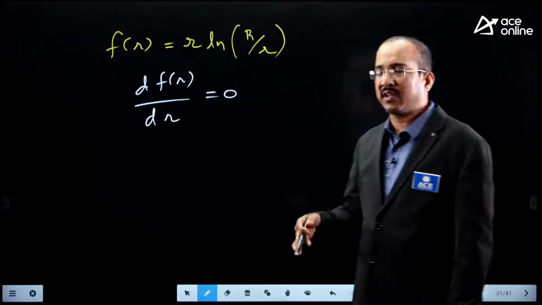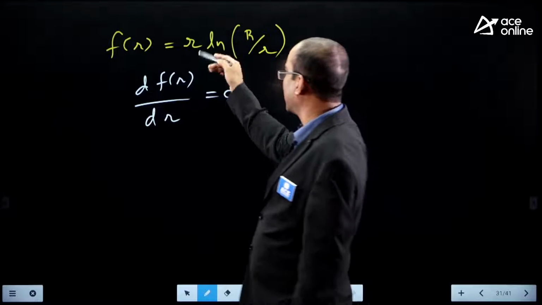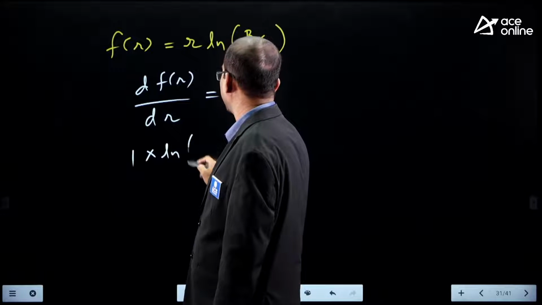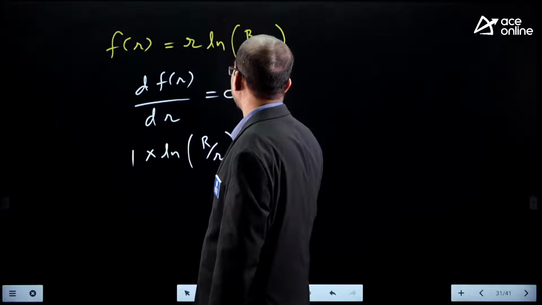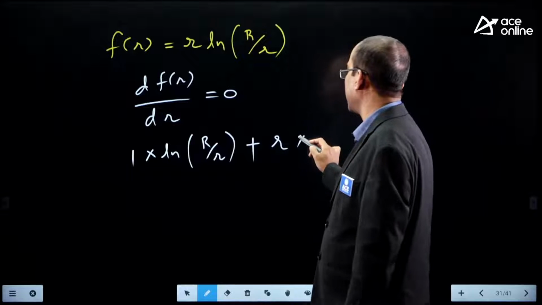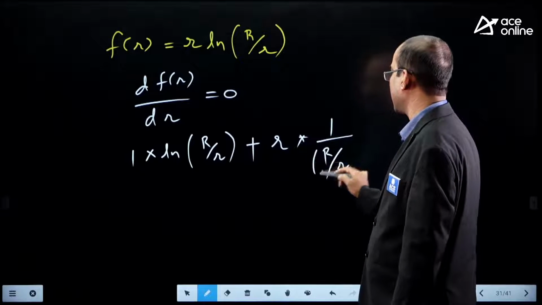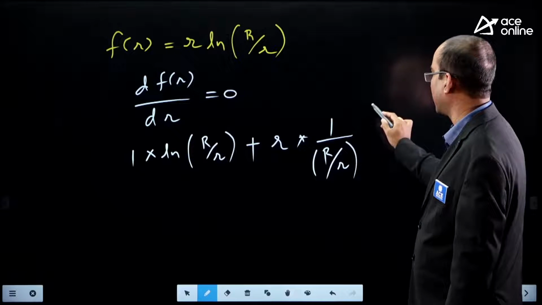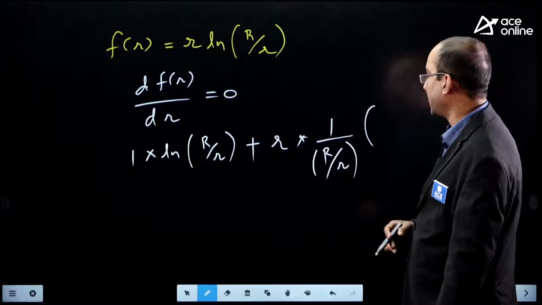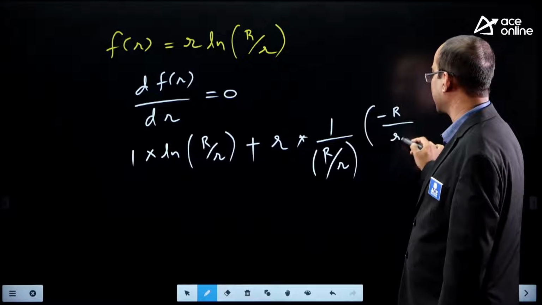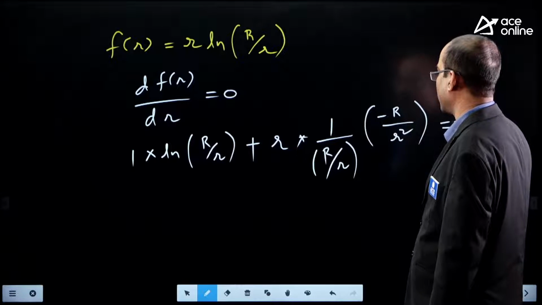Zero. This is in the form of uv. So, u dash into ln of capital R by small r plus r into the differential of ln of capital R by small r, which is 1 by (capital R by small r) into minus R by r square, is equal to 0.